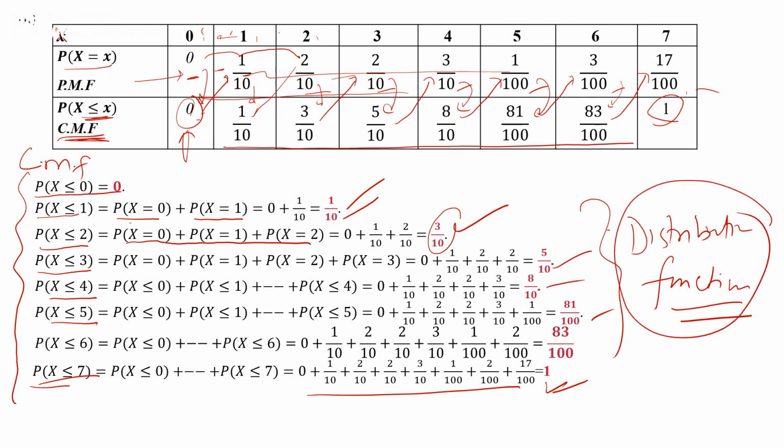So this is the probability function, and this is the cumulative, or distribution function. In probability we study two functions. You have to remember the probability function and the distribution function.